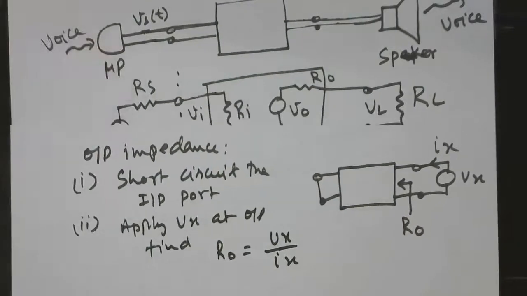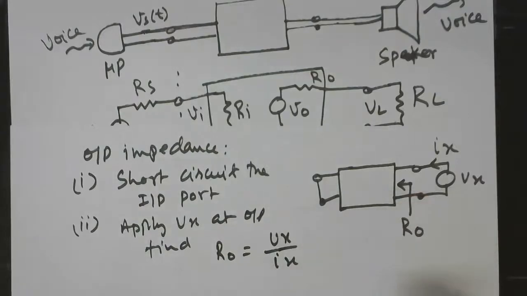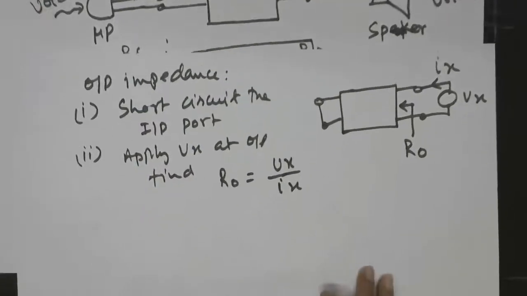So this is the slight distinction between the conditions that are implemented to find out the input and output impedance.